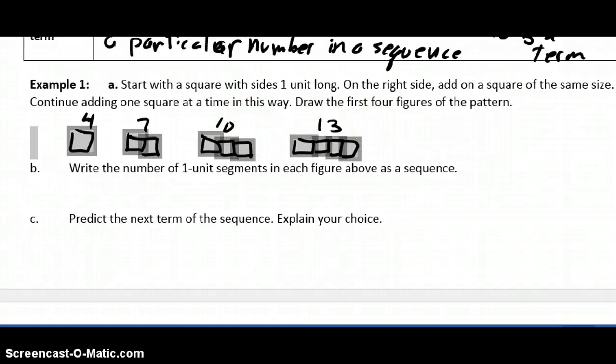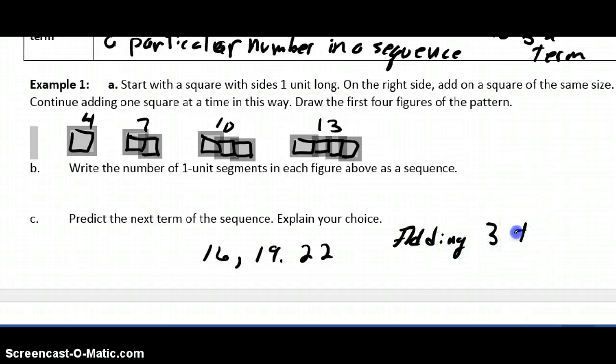The C part says, predict the next term of the sequence. Well, without having to draw the picture now, we can certainly see that we are adding 3 to each term. So our next term would be 16, and the number after that would be 19, 22, and so forth, because we are adding 3 to each previous term.